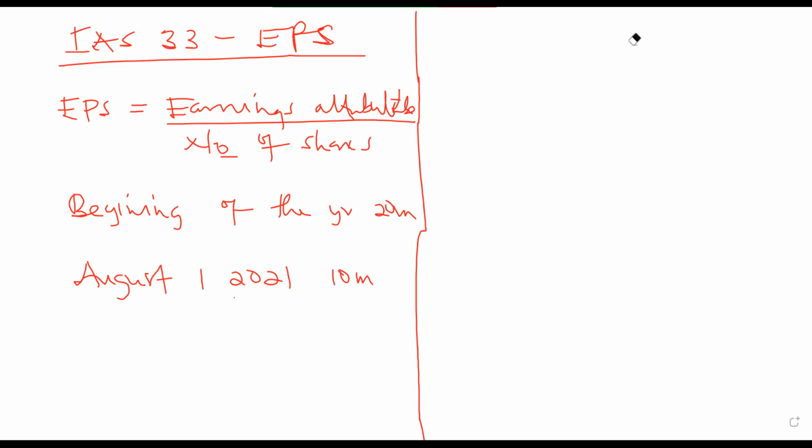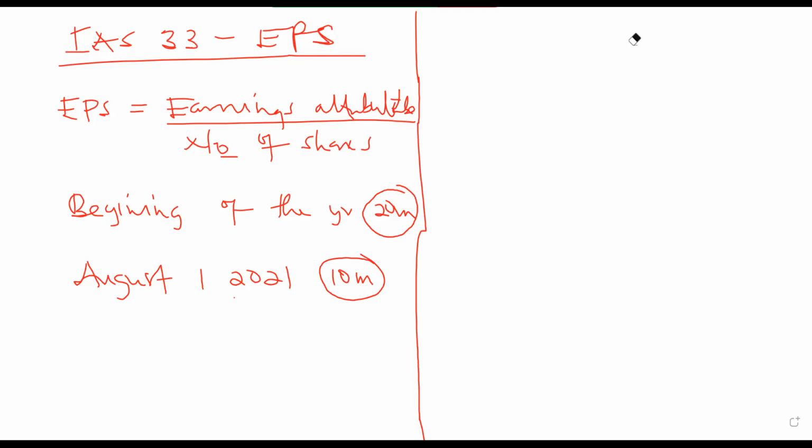The earnings per share. But in actual sense, the contribution that the 20 million will be making towards the profit for the year will be different from the contribution that the 10 million will be making towards the profit for the year. The two of them are not going to have the same contribution towards the profit for the year. One is at the beginning, so that one will be used from the beginning to the end of the year.